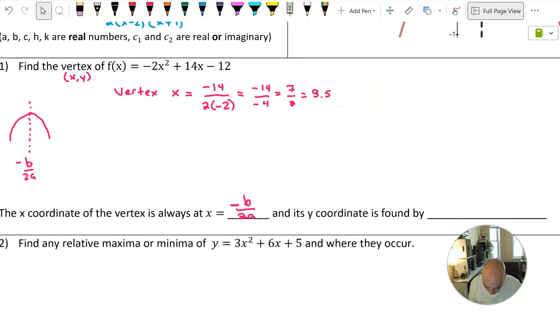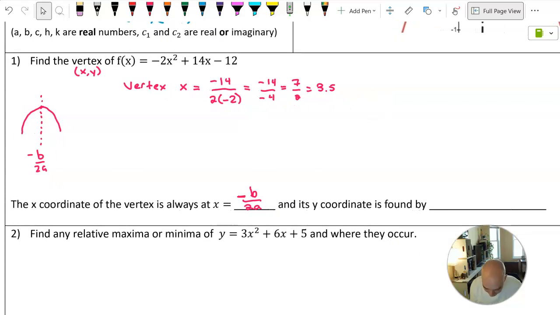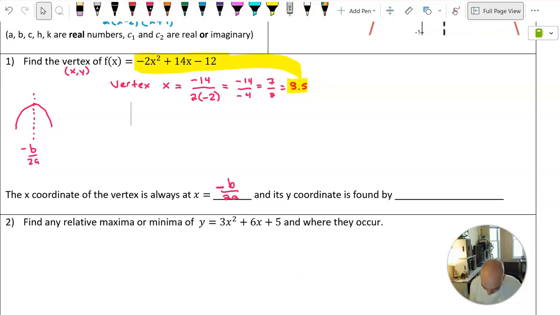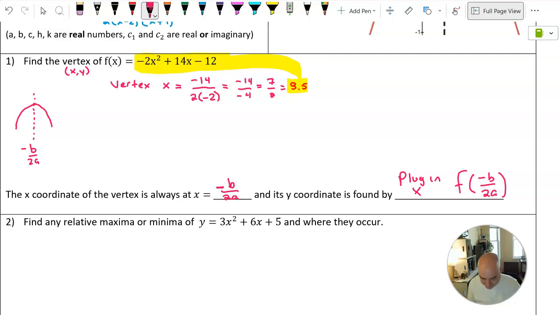So the x-coordinate of the vertex is at 3.5. Now, if we know the x-coordinate of something, we can find the y-coordinate just by plugging it into the equation. Oh my gosh, that's what the equation's for. So we would write that the y-coordinate is found by plugging in the x-coordinate, but mathematically we would write that we're doing f of negative b over 2a, or in this case, f of 3.5. I'm going to do this on a calculator and come back to you in a second with the answer.